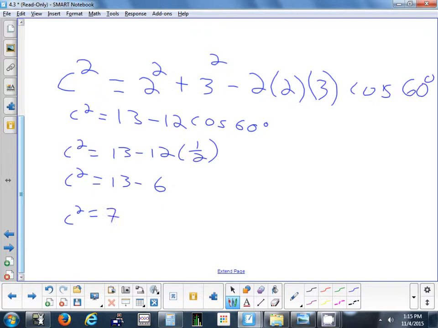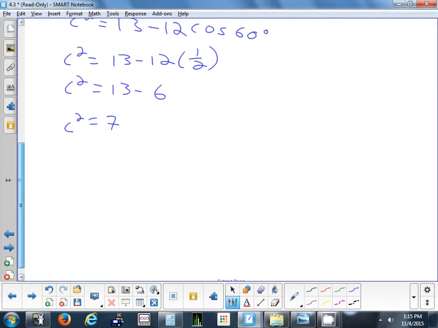So c squared is 7. And Amanda, what's my last step? Just to get rid of that exponent of 2, square root. And it's the square root of 7.